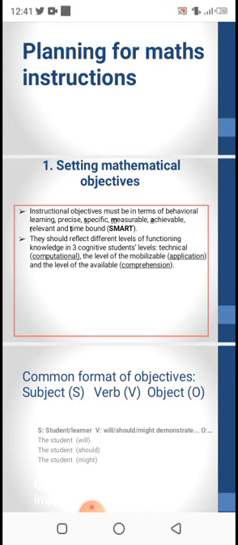They should reflect different levels of functioning knowledge in three categories: the technical or computational level, the mobilizable or application level, and the available level, which is comprehension. These are the three categories.